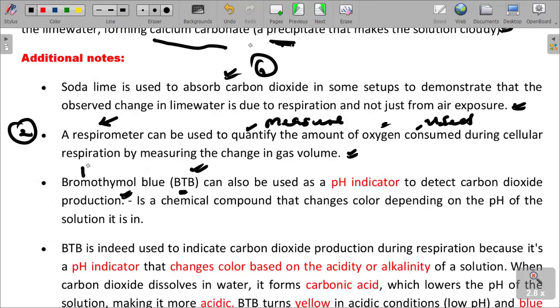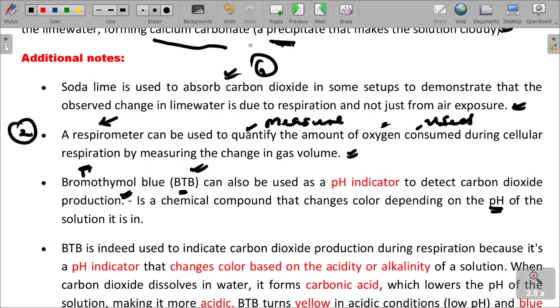It is just a chemical compound that changes color depending on the pH of the solution that it is in, and so it is used to confirm the presence of carbon dioxide.